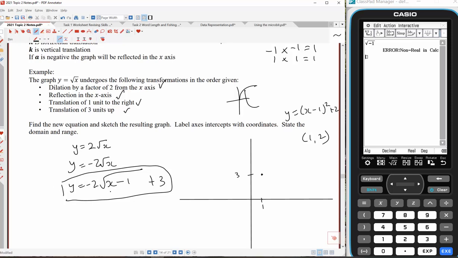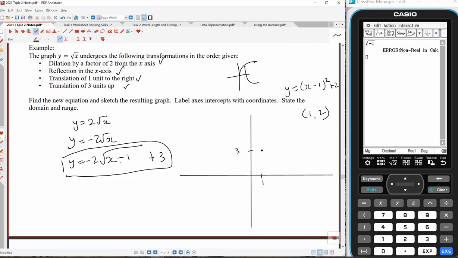All right. So what we'll do is we'll get the x-axis intercept, which occurs when y is equal to 0. So 0 equals -2 root x take 1 plus 3. Then we're going to subtract 3 and divide by 2, which will give us 3 on 2 equals root x take 1.